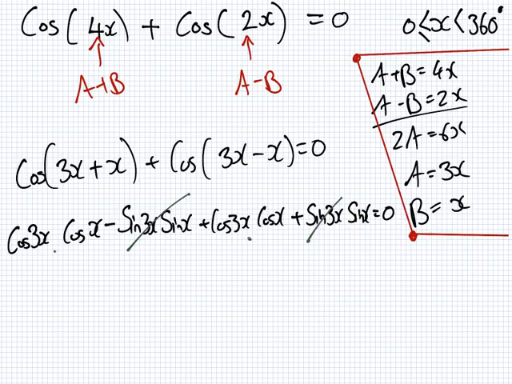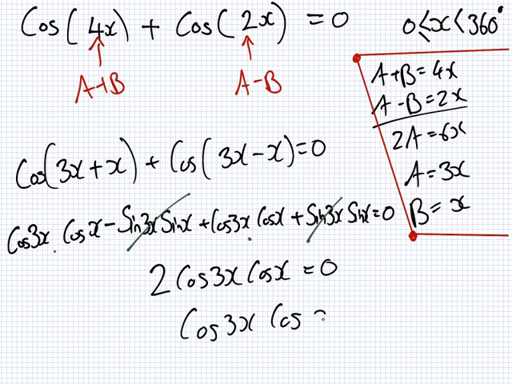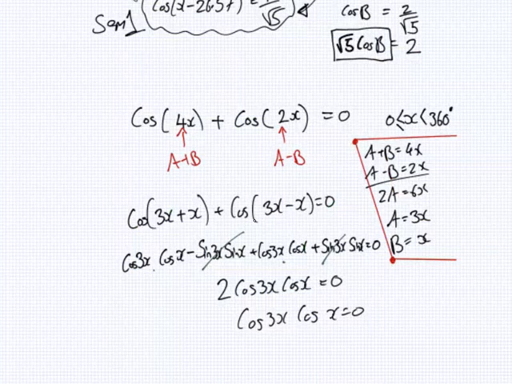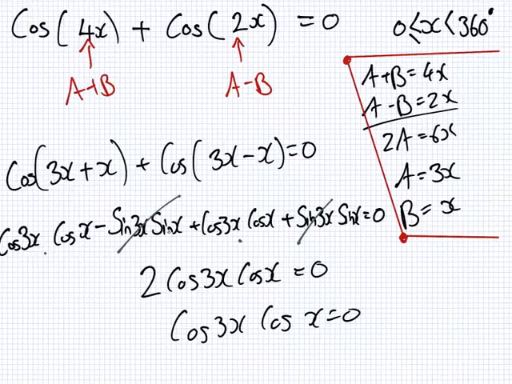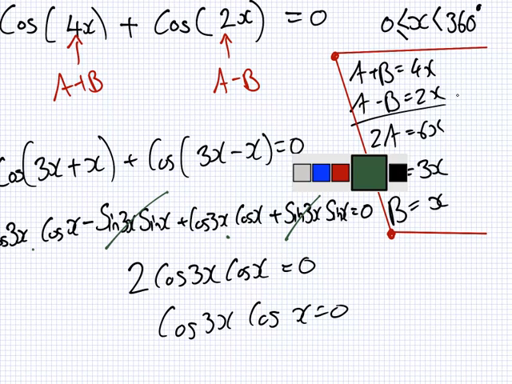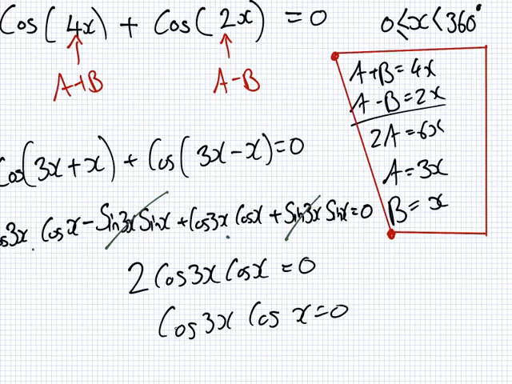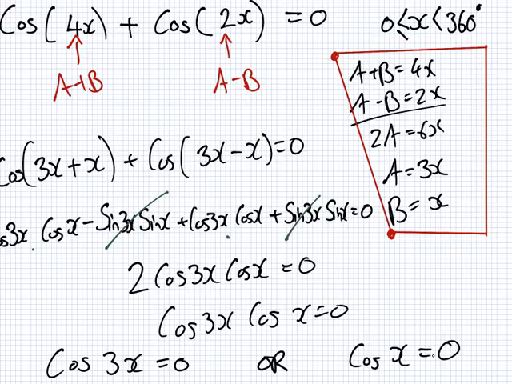These two add together, so now I get 2 cos 3x cos x equals 0. So now I get cos 3x cos x equals 0. And then this I can change into two problems: cos 3x equals 0 or cos x equals 0.